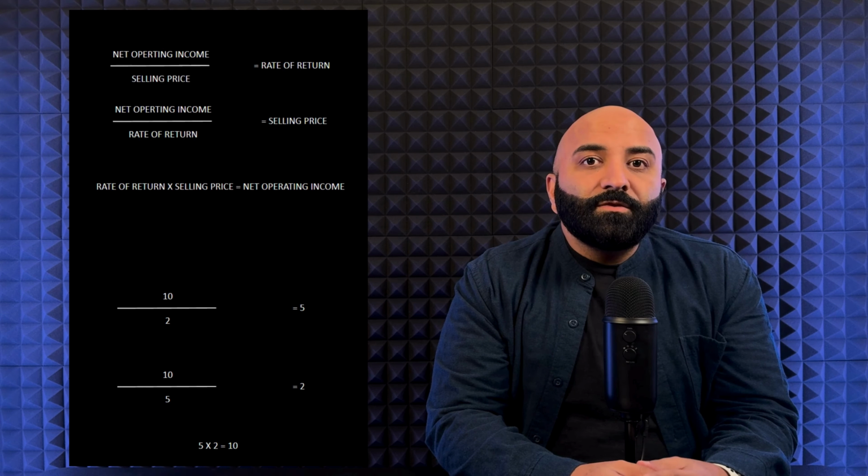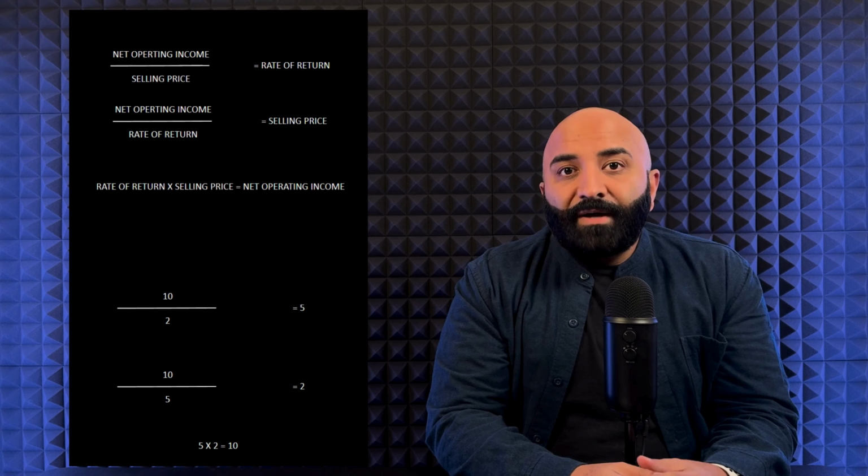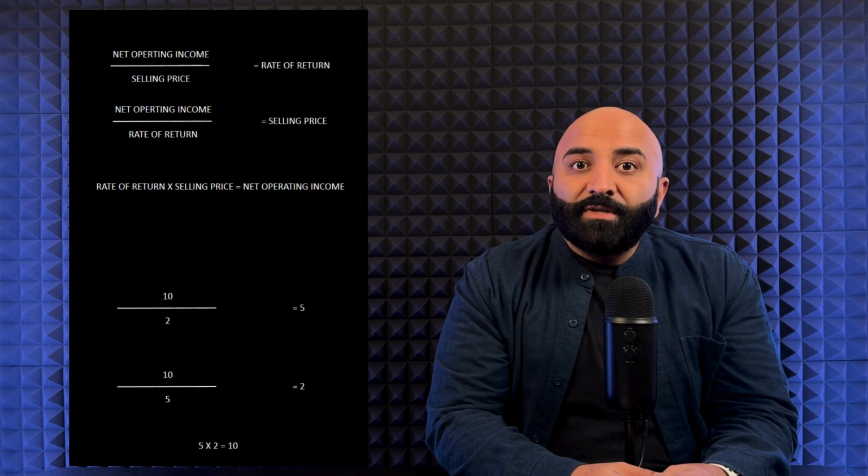And if you ever have to rearrange a formula, it's much easier to use some simple numbers instead of trying to do it in your head. You'll save yourself from making a mistake here. So if 10 divided by 2 is equal to 5, then 10 divided by 5 is equal to 2, and 5 times 2 is equal to 10. So anytime I need to rearrange this rate of return formula, I keep that in my back pocket. I hope you do as well.